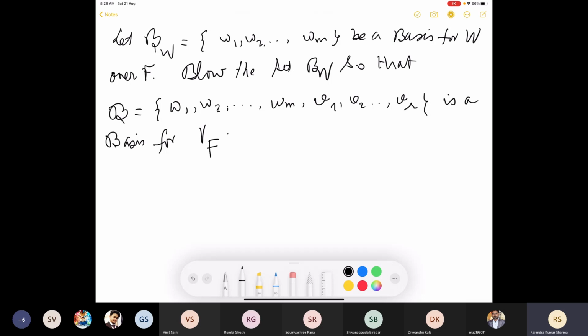Okay, so suppose this is blown up to B so that B becomes a basis.